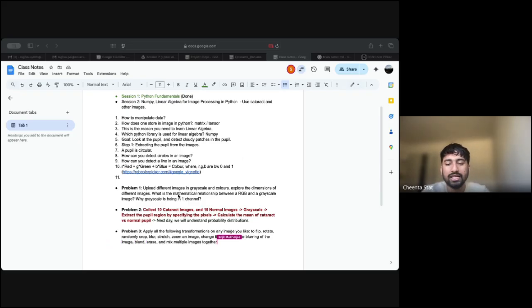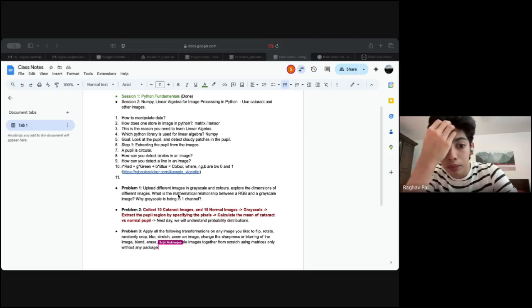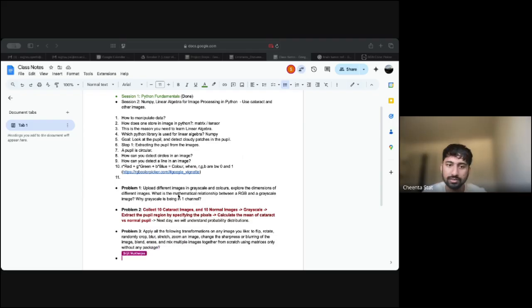Can you do it from scratch using matrices only, without any package? This is a hard problem. This will take you some time. You have to think about it a bit, but this will give you a lot of insight about how images work. You will be fully confident.